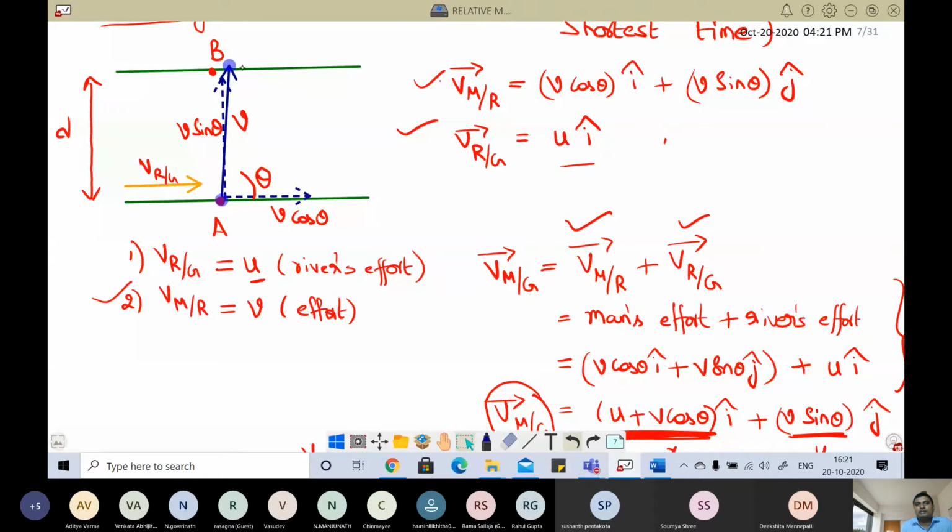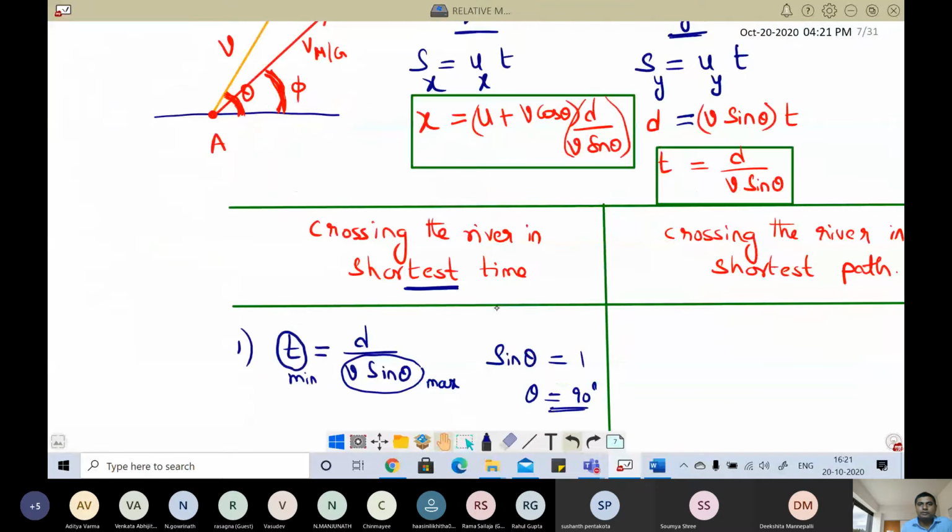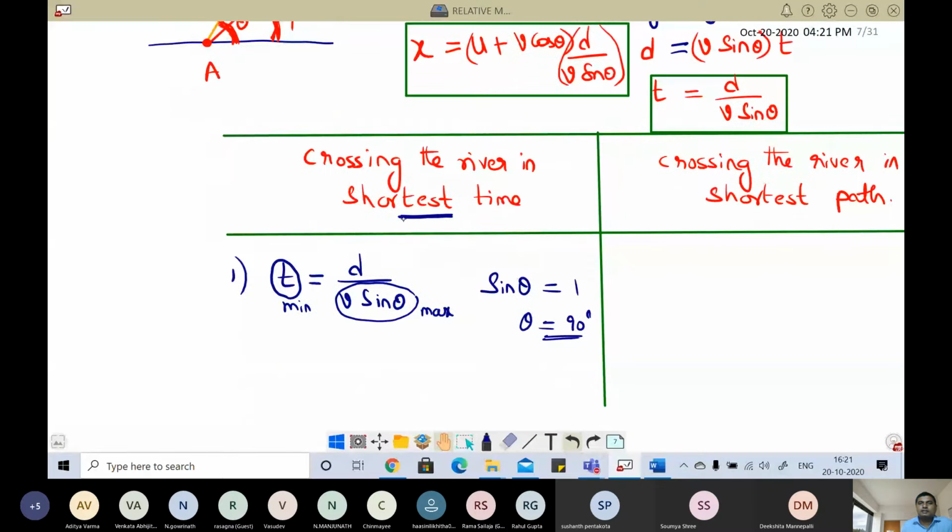Then you can cross the river in the shortest time. So this theta indicates the angle made by the man's effort. Please remember attentively, the angle made by the man's effort with respect to river flow should be 90 degrees.